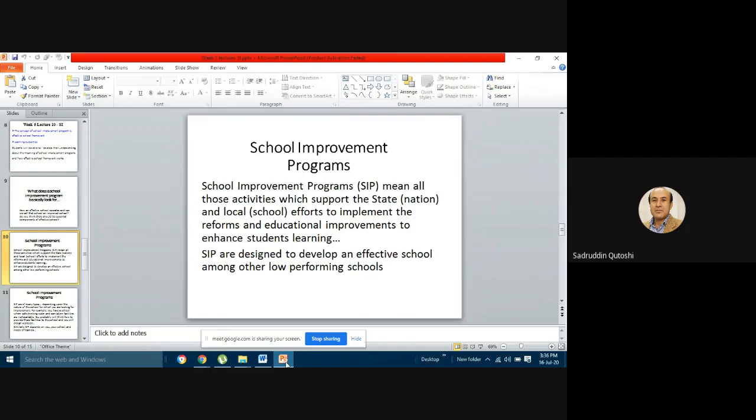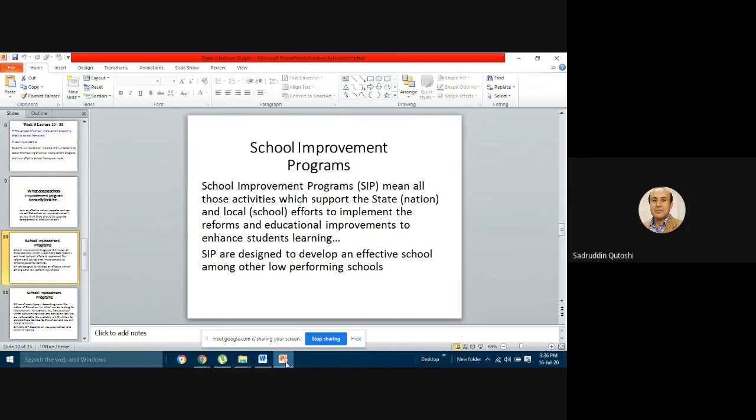As you know, school improvement is a very complex phenomenon, a very complex situation. School improvement is basically linked with enhancing students' learning outcomes. So to improve students' learning outcomes, you will focus on those elements in your school which can play a significant role in enhancing students' learning directly or indirectly.